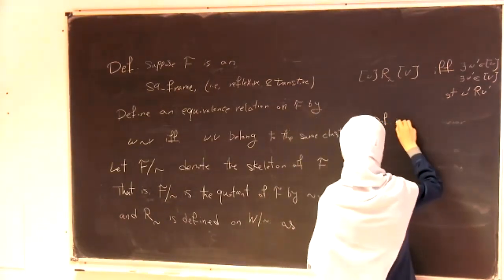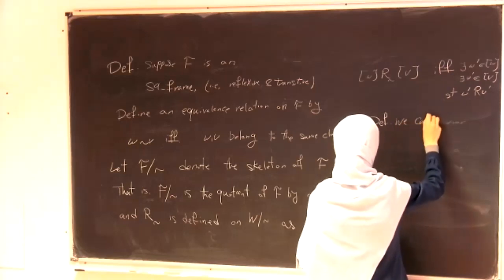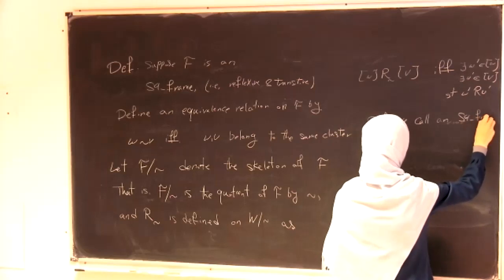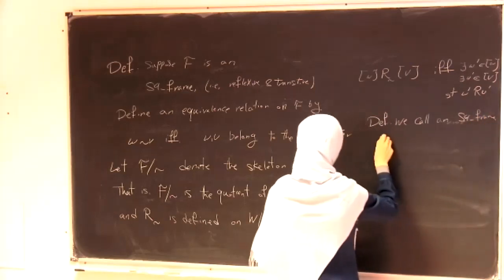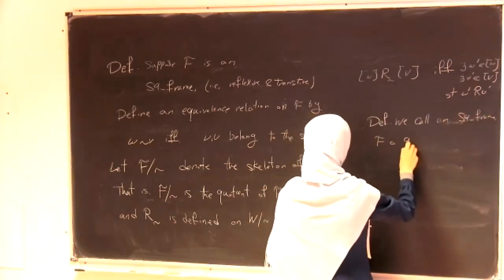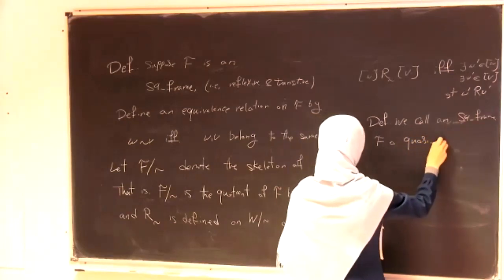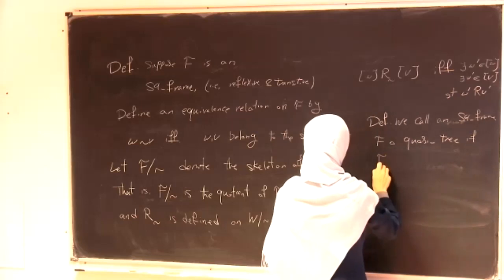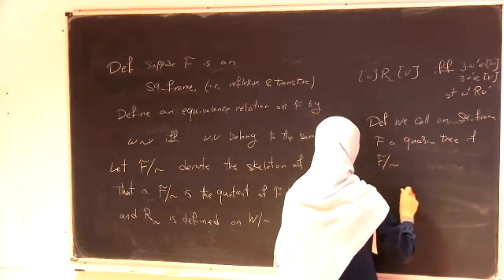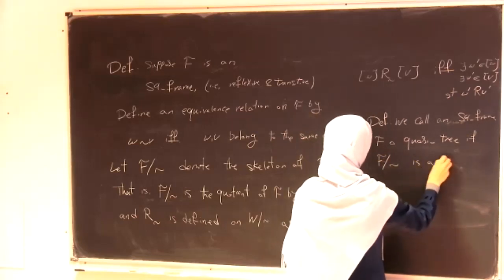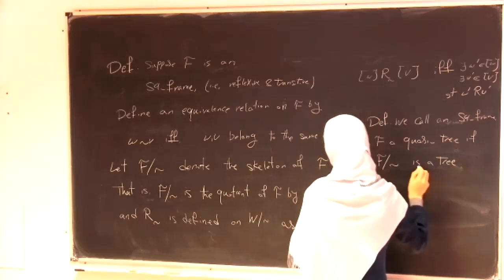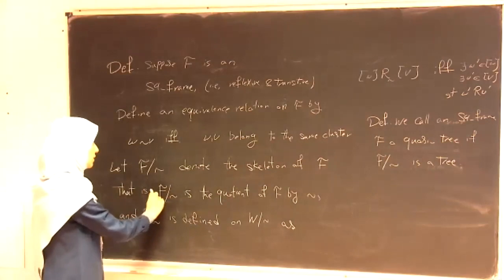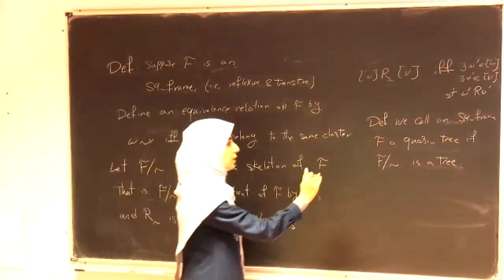We call an S4 frame F a quasi tree if F over this equivalence relation is a tree. This construction is not always a tree, but if it's a tree, we call our F a quasi tree.